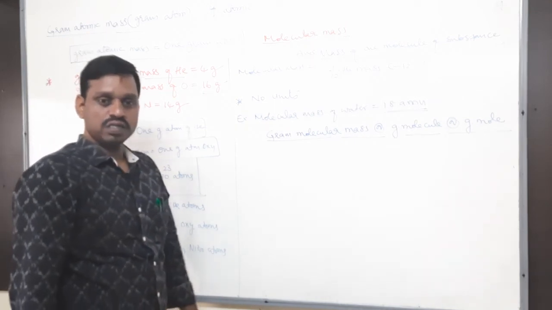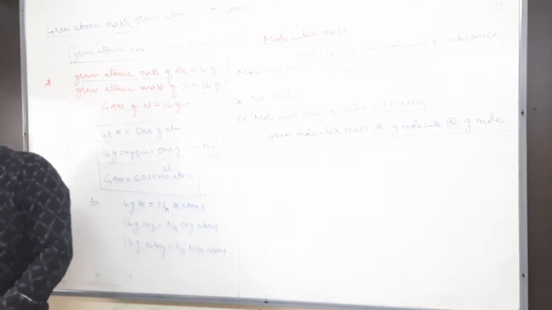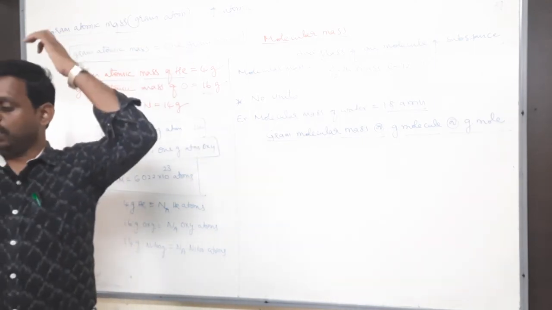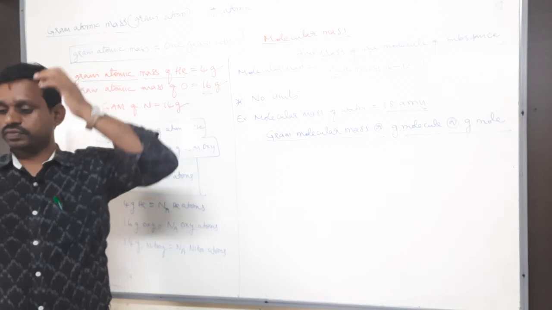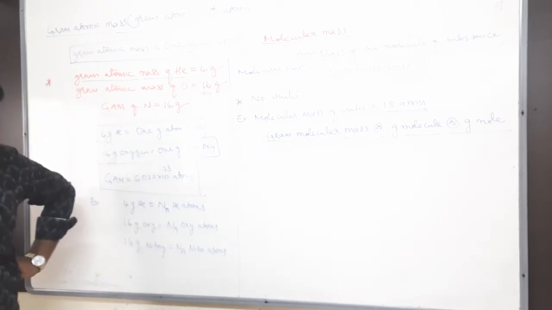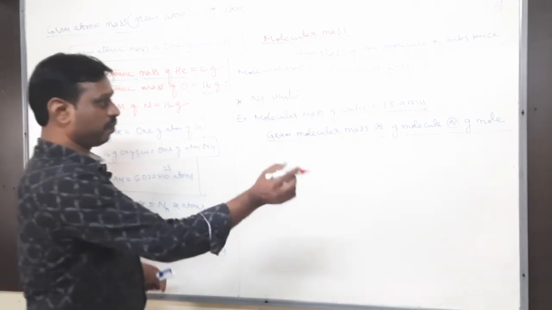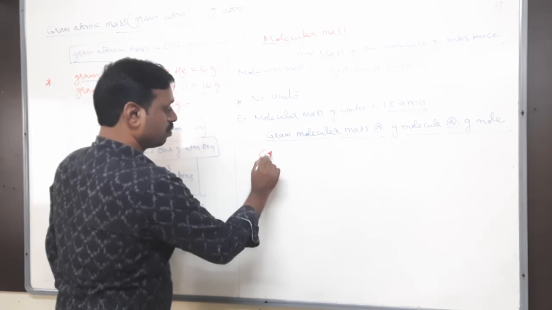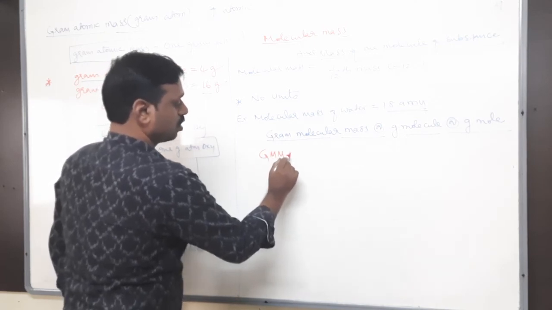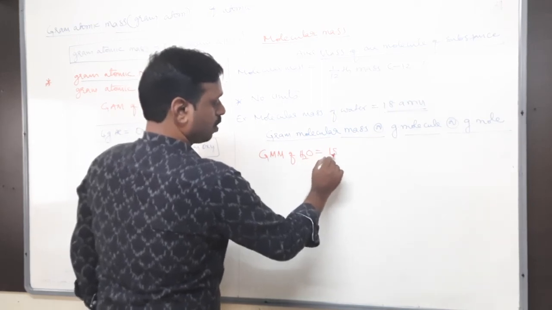If the molecular mass is expressed in grams, it is called gram molecular mass. Example: gram molecular mass of H2O, how much? 18 grams.